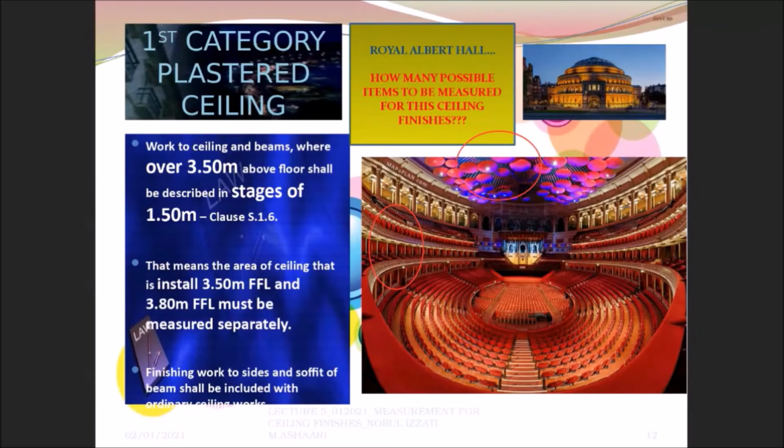I also would like you to take note of this, especially when I give you the task that needs to be completed by today. If I mention, let's say, room number 1 having a height of 6 meter from the floor, I would like you to be familiar with the word FFL. What is FFL? From floor level. So every time you see the word FFL in the drawing, you should know that this is from floor level.